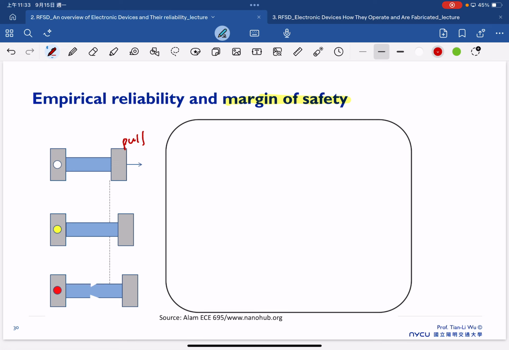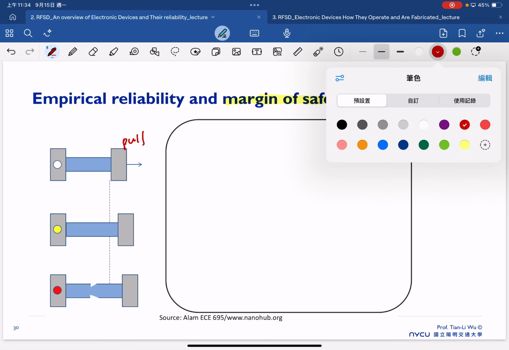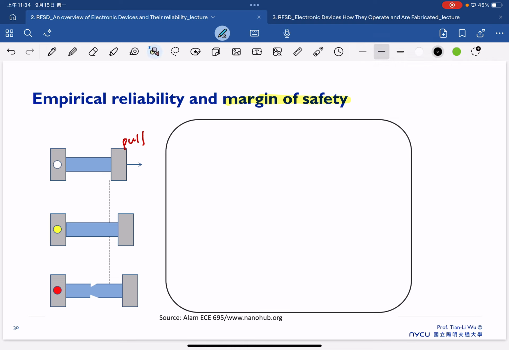And then when you pull the string, you can analyze the strain on this string, by considering the stress that you apply.